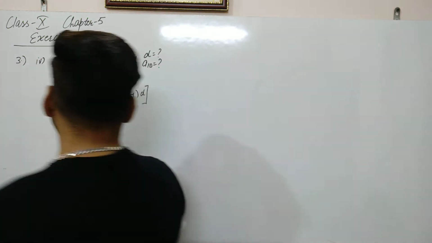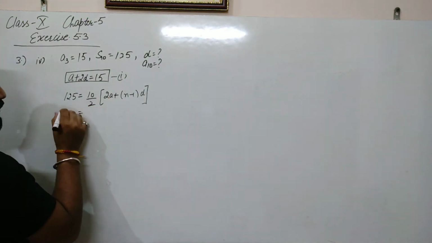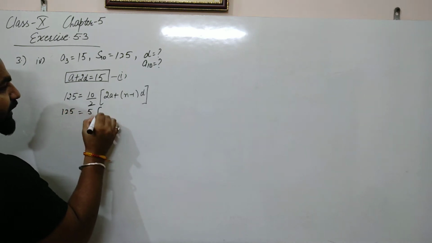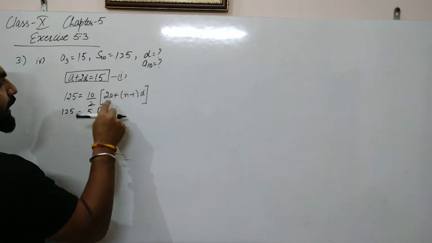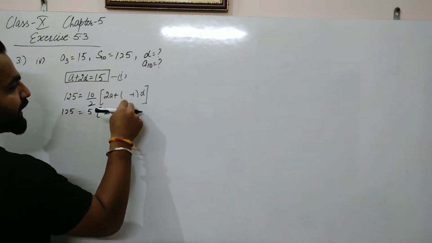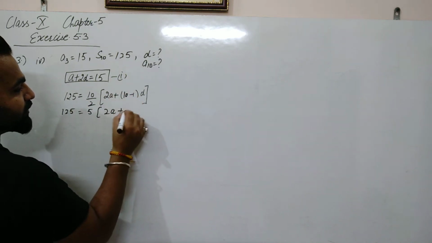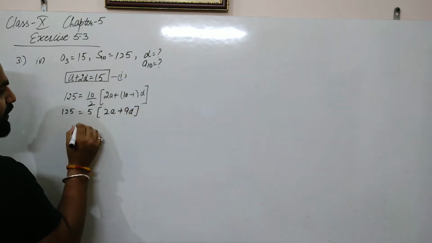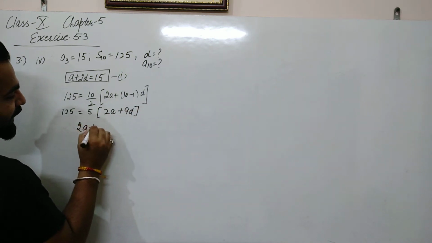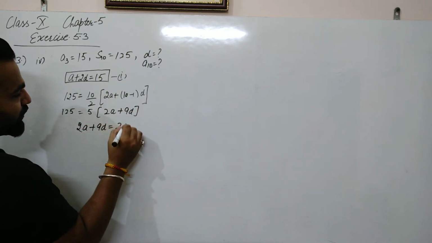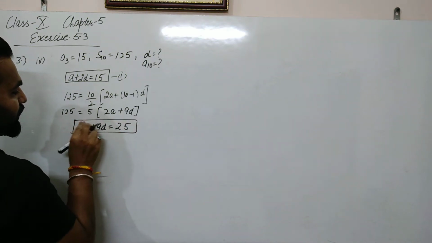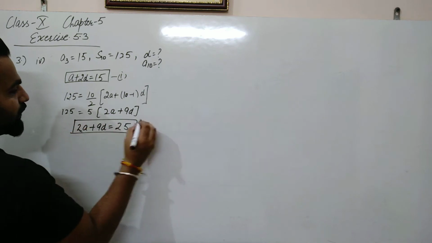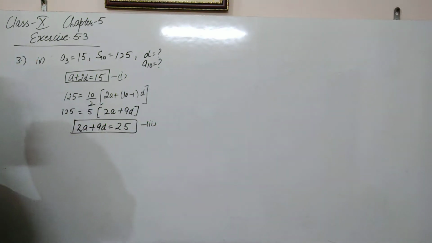So this will be converted into 125 equal to 5 into (2a plus 9d), since n is known and we put 10 directly. So 2a plus 9d will be equal to 25. Let us say this is equation number 2.